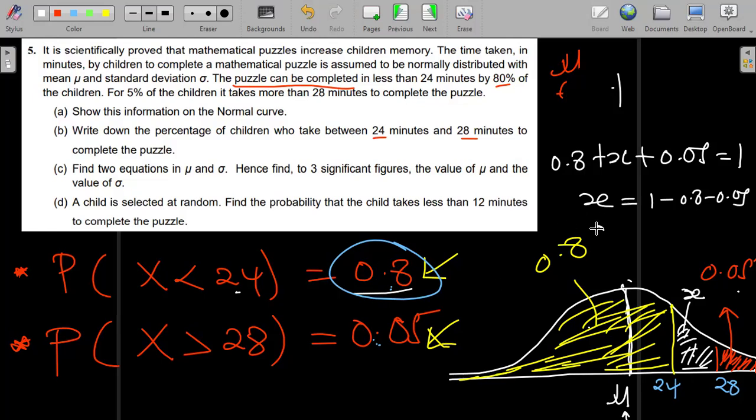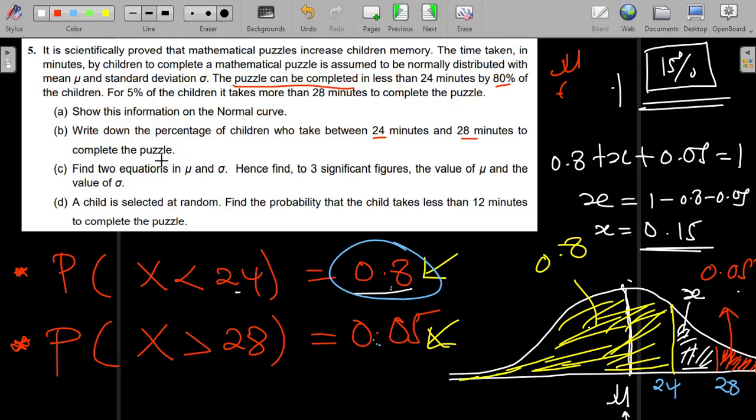So I'm getting X is equal to 0.15. Okay, so if I take this 0.15 to percentage, it's just 15%. So write down the percentage of children who take between 24 and 28 minutes to complete the puzzle. It will just be 15%.